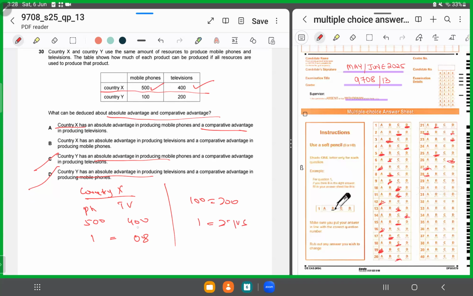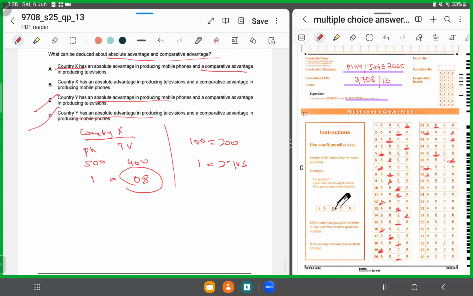So this means country X has a comparative advantage in production of phones. What about country Y? For country X, the opportunity cost of one TV would be 500 upon 400, which means 1.25.